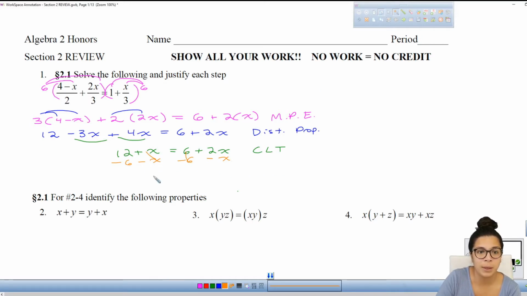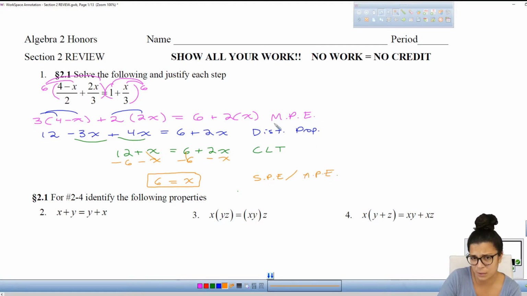So we end up with 12 minus 6, which is 6, and 2x minus x, which is 1x. So this is our final answer. And again, you could either call that subtraction property of equality, or we could view it as adding a negative x and adding a negative 6. So you could also say addition property of equality.